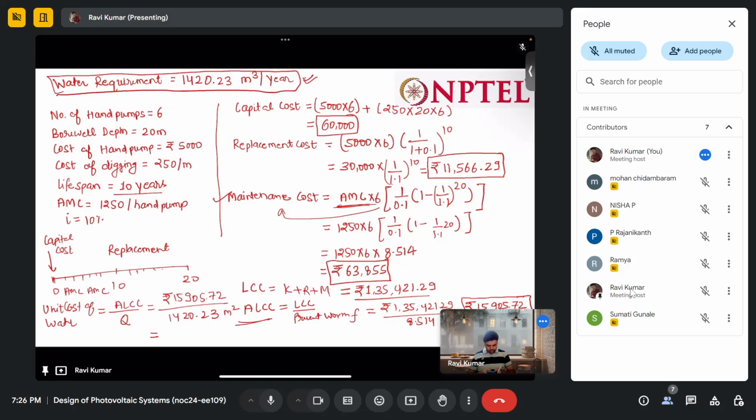divided by 1420.23. I am getting 11.19 rupees per meter cube. So this is the cost of water which we are getting.